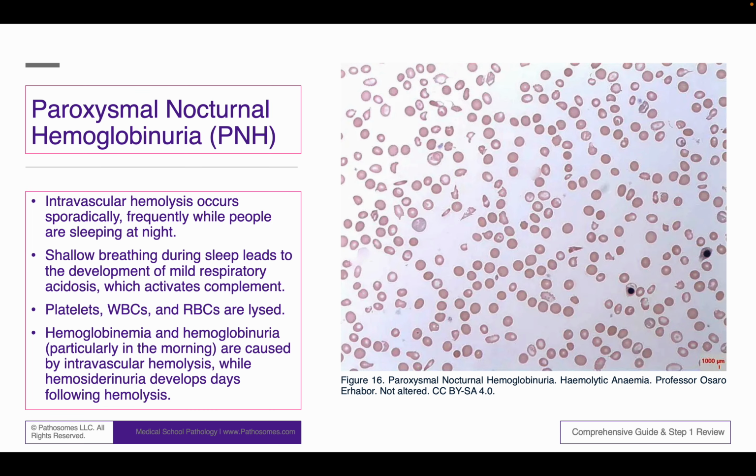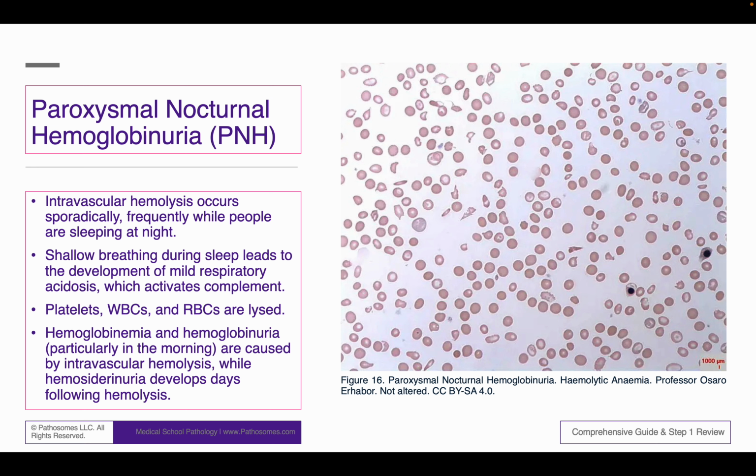Here we have a peripheral smear from a patient with paroxysmal nocturnal hemoglobinuria. In PNH, intravascular hemolysis occurs sporadically, frequently while people are sleeping at night. This is due to the shallow breathing during sleep, which leads to mild respiratory acidosis, which activates complement.